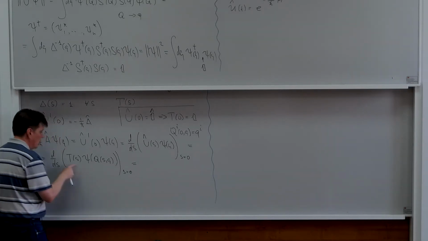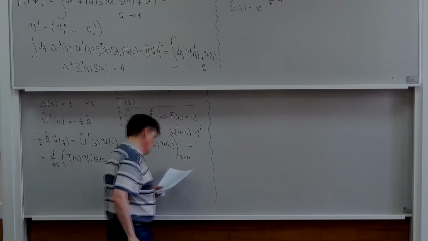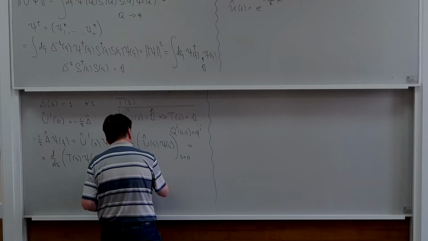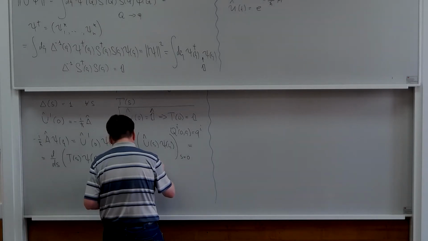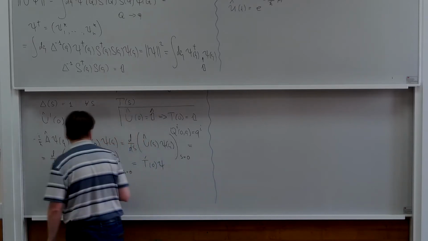The first one comes from T, and the second from psi. So I get T prime at 0 times psi.